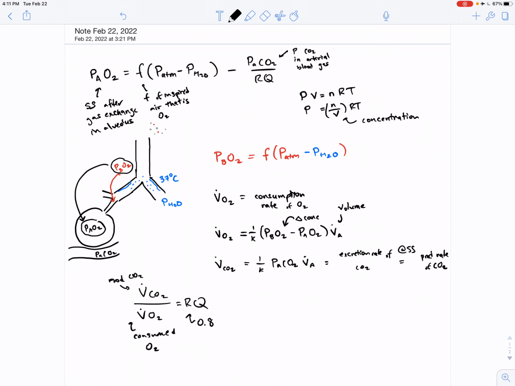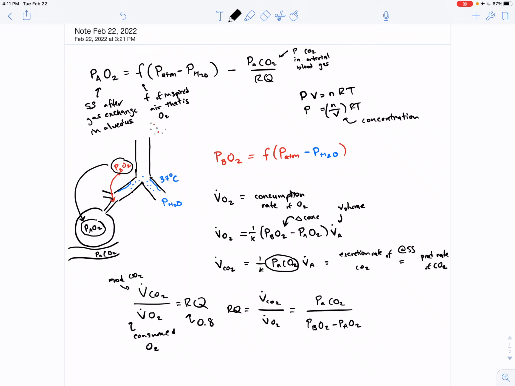And now, given that we have this relationship, we can use this nice measurable quantity right here, PaCO2, which, unlike our oxygen quantities, is much easier to measure. So we can say that V dot CO2 divided by V dot O2, which is our respiratory quotient, is going to be equal to, if we divide those two expressions at the top, our VAs cancel, our 1 over Ks cancel, and we get PaCO2 divided by PbO2 minus PaO2.